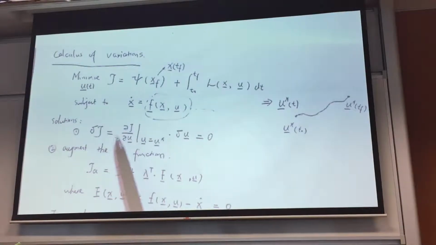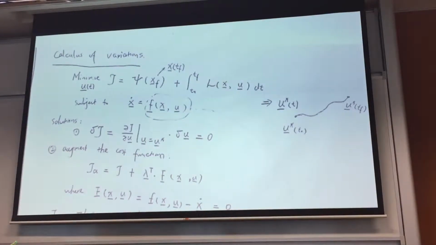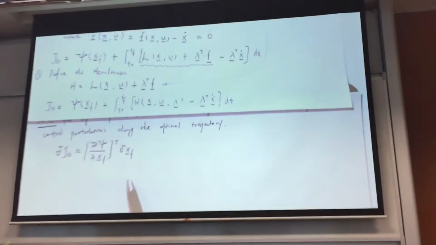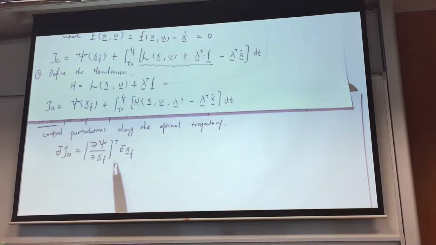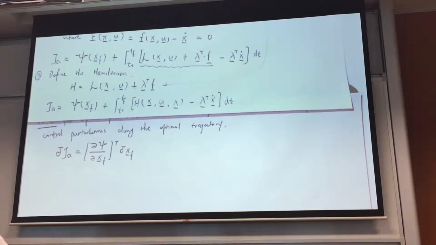So it's just an equation similar to this one. If we make the perturbation along xf, this will be equal to the derivative multiplied by the perturbation.